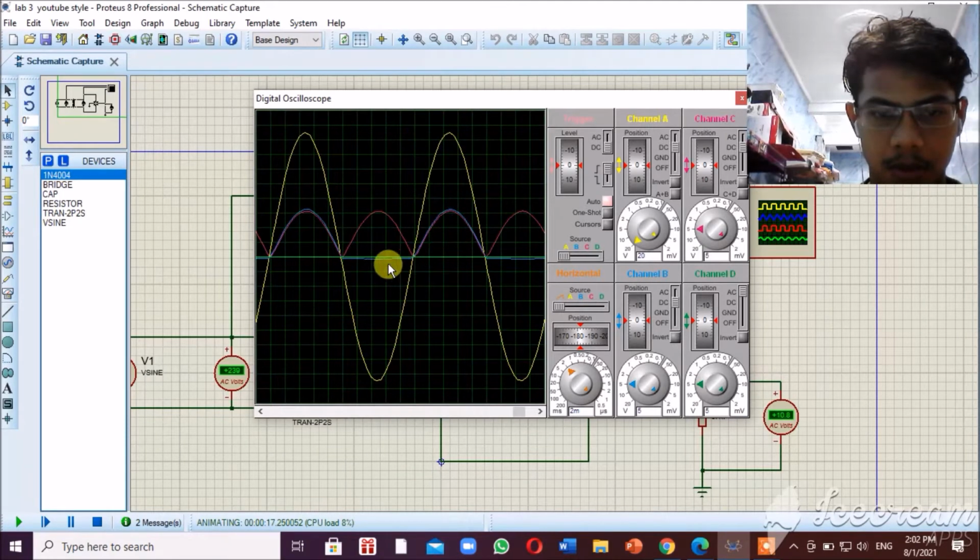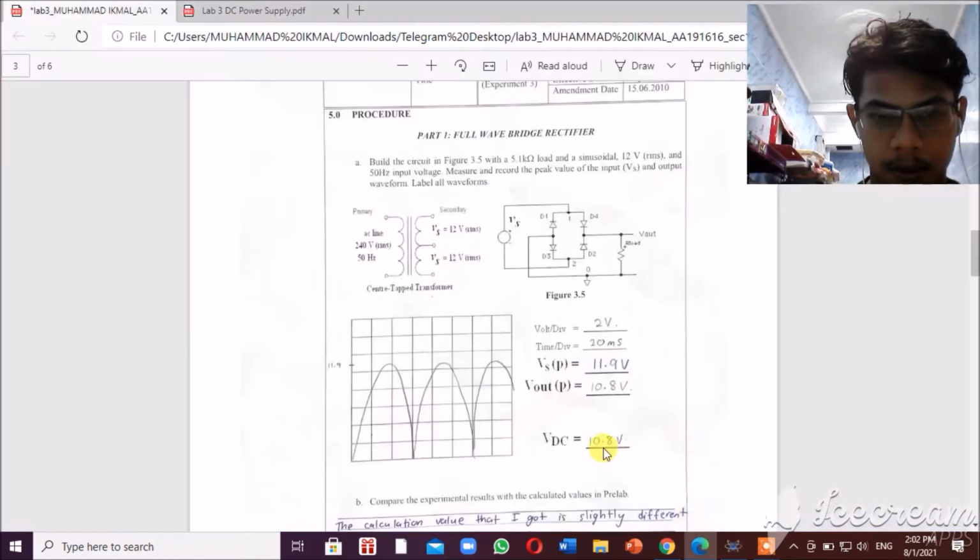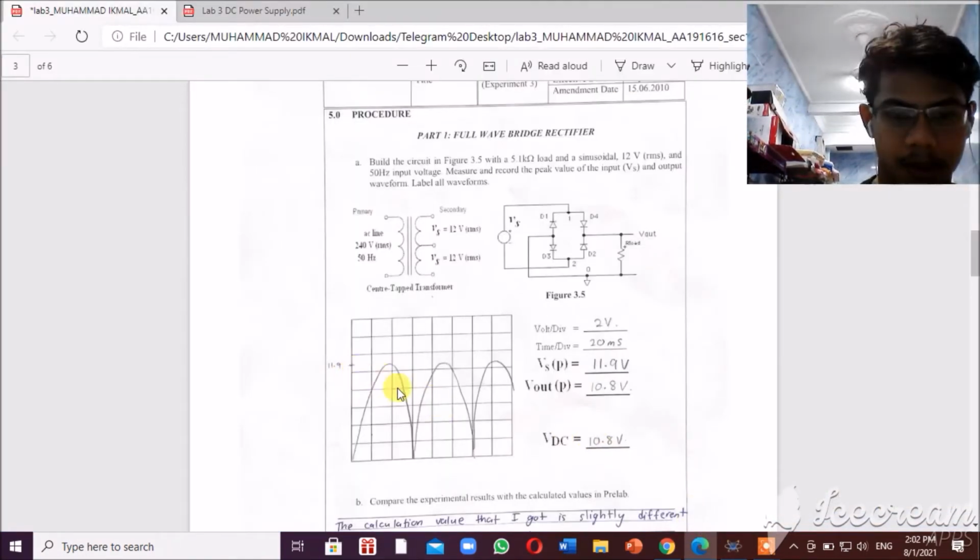The VSP is the blue line. I use 5 volt per division here, and the value is 11.9 volt.